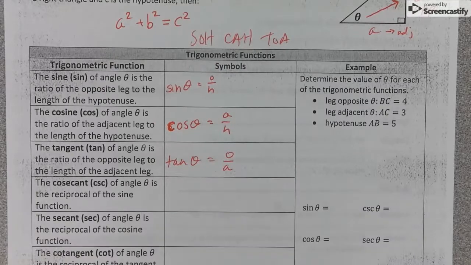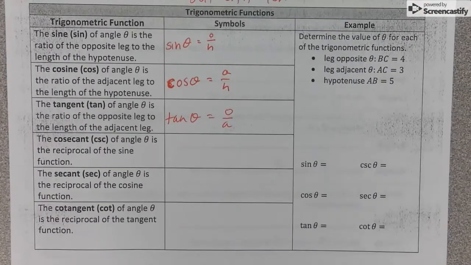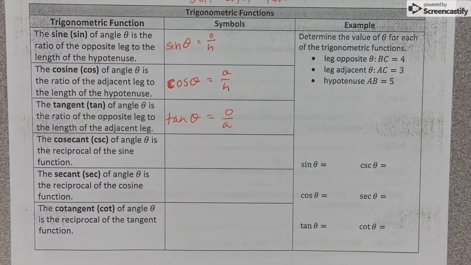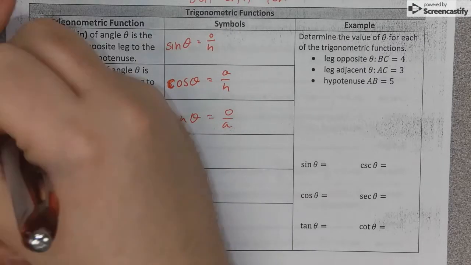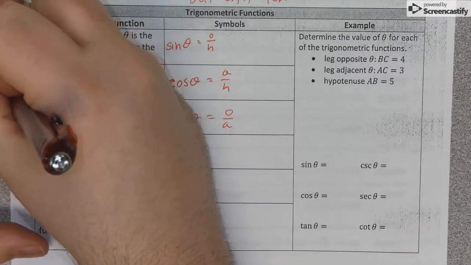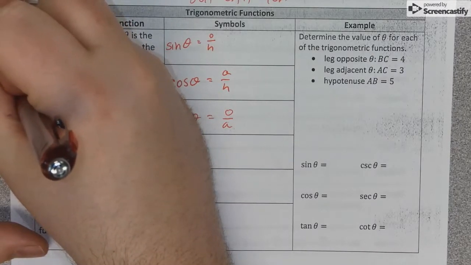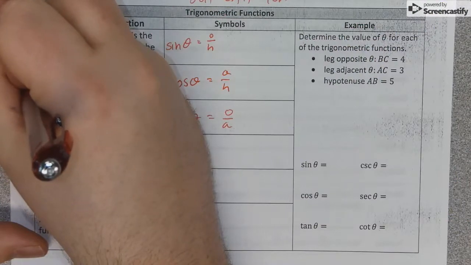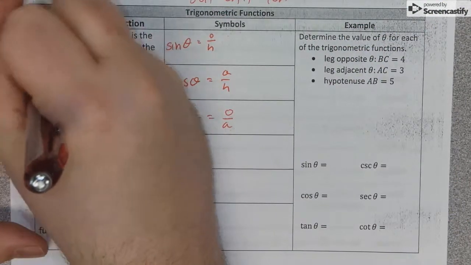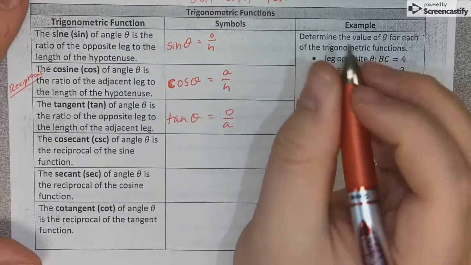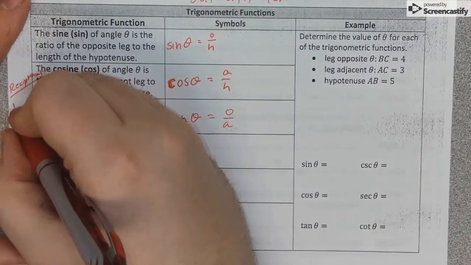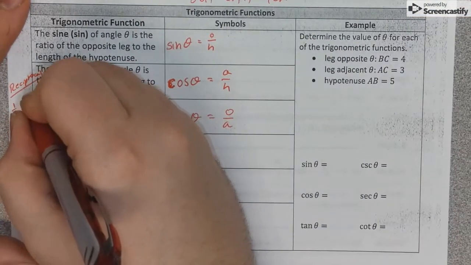The next three are the new ones. So what I would like you to remember is this idea of what a reciprocal is. So the reciprocal of 1/3 is 3 over 1.